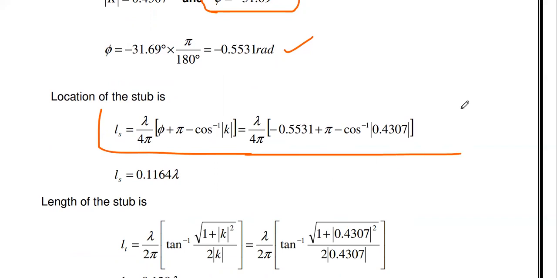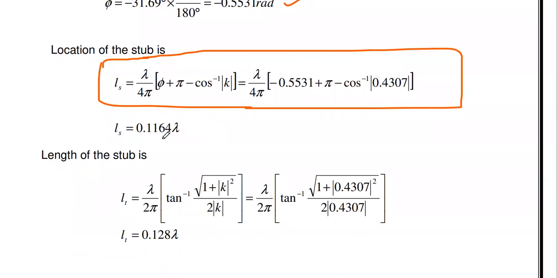While calculating this location of stub, first set your calculator in radian mode, and then you calculate. The answer is 0.1164 lambda. This is the location of stub.